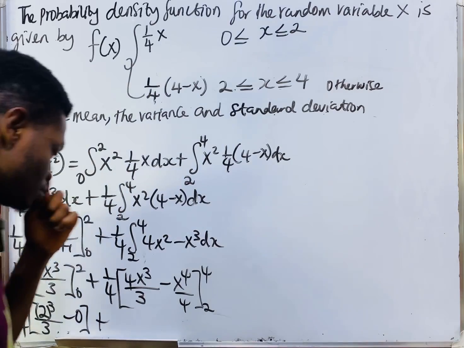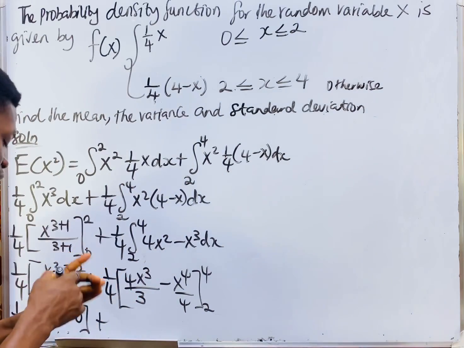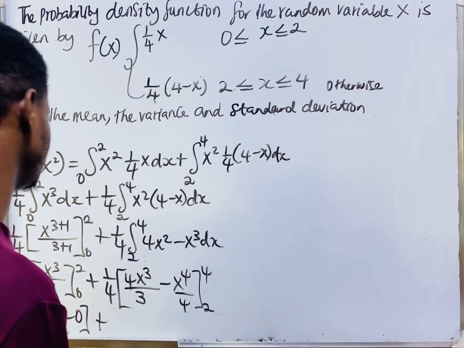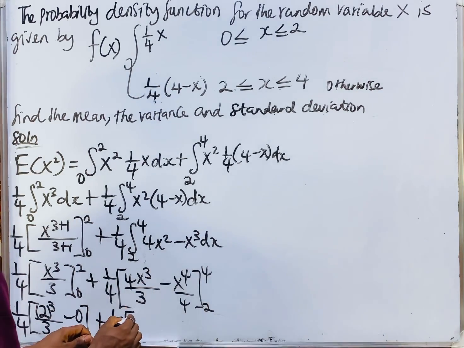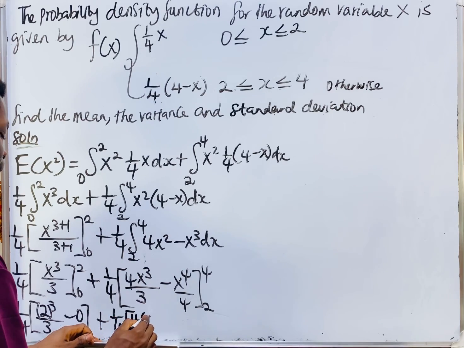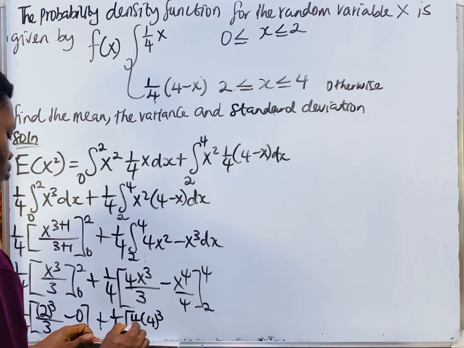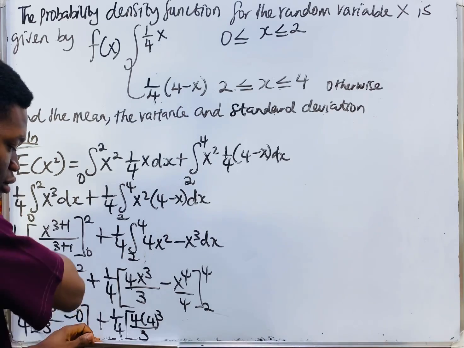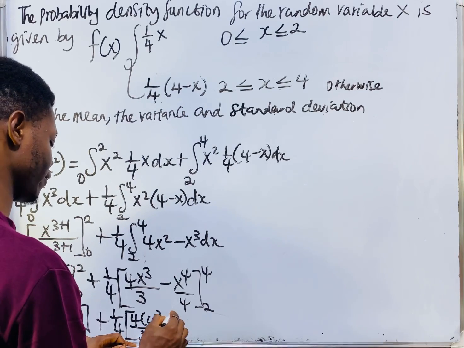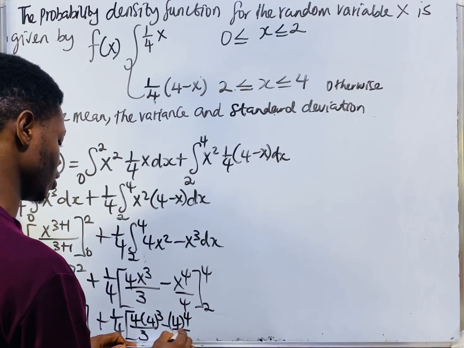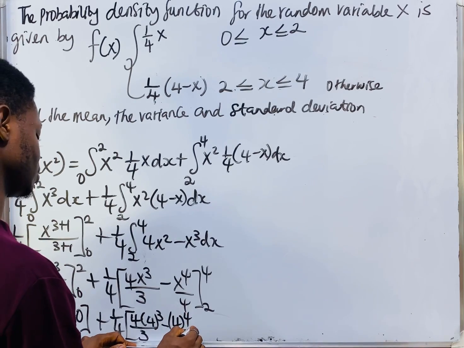Plus, that's the same thing we are going to do here. So we're having 1 over 4. Anywhere we see x, we put what? 4, all over 3, right? Then minus 4 to the power of what? 4 all over what? 4.